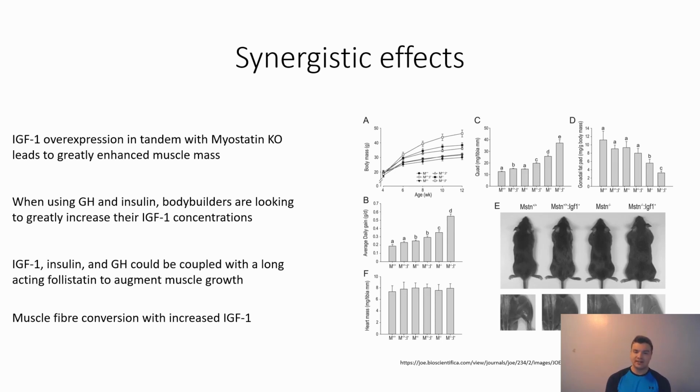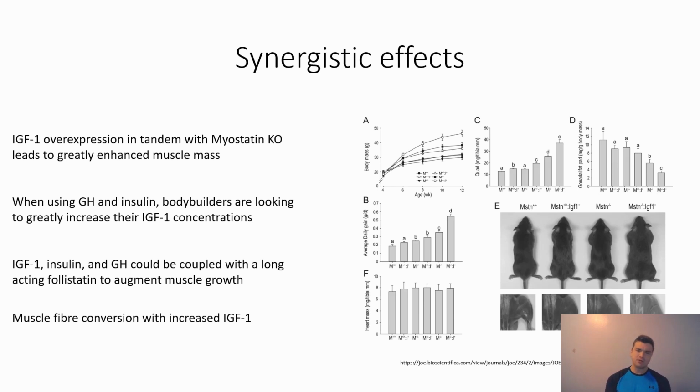This is shown in the diagram on the bottom right. The mouse on the far right has both a myostatin knockout and an IGF-1 overexpression, and it's far more muscular. They found that the muscle fiber types are changing from type 1 to type 2. So there's going to be an increase in glycolytic demand from those muscle fibers, and they are more prone to hypertrophy than a type 1 muscle fiber. So that's why they're bigger.